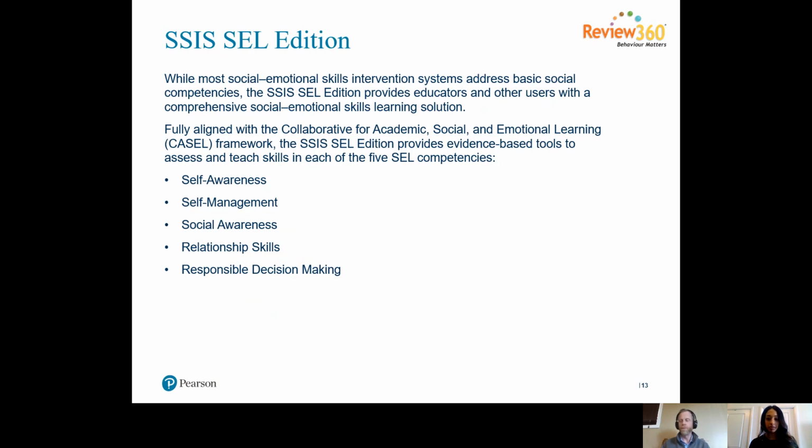There's an association called the Collaborative for Academic, Social and Emotional Learning, a think tank out of the US, and these are the areas that they list as the most important social emotional competencies. And this is exactly what the SSIS looks at in these specific categories.